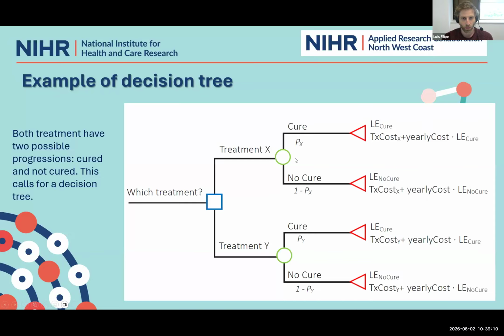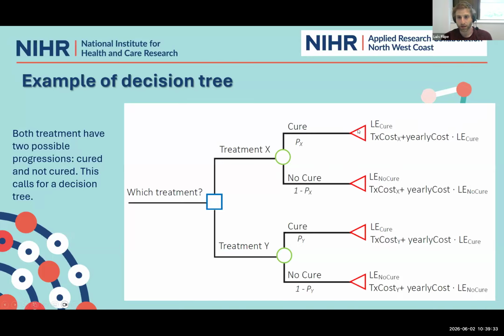Then, if we decide to go with treatment X, we can, with some probability, have the patient cured, or with some probability the treatment is not going to work and the patient is not cured. The same with treatment Y: with some probability the patient is cured, with some probability it doesn't work. And these are called the probability nodes.